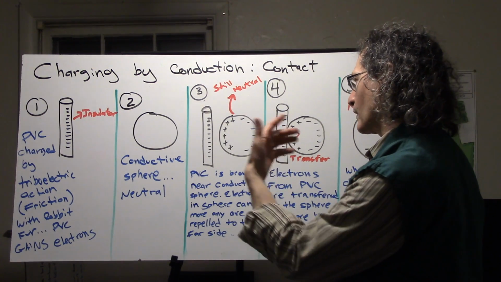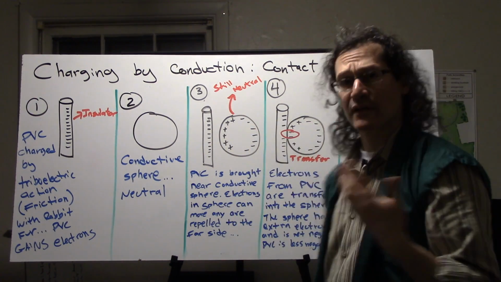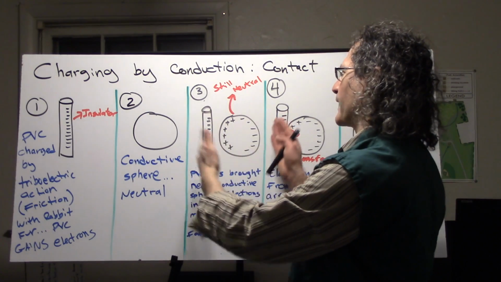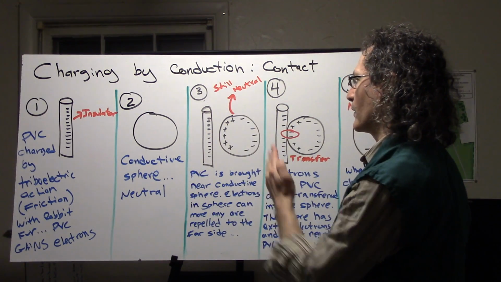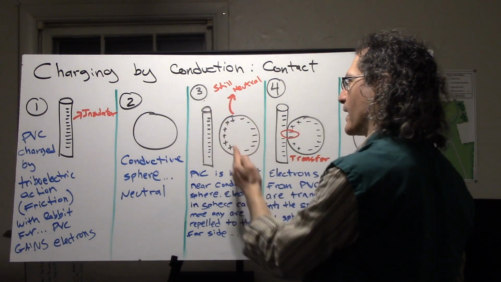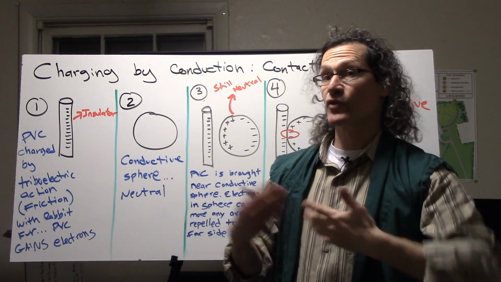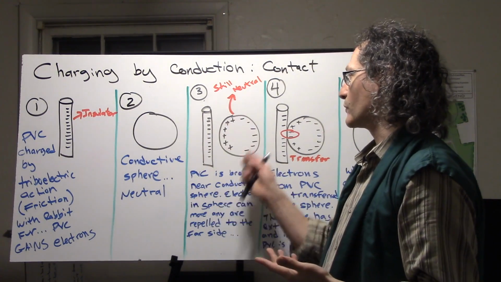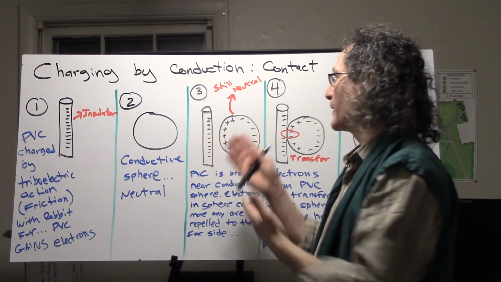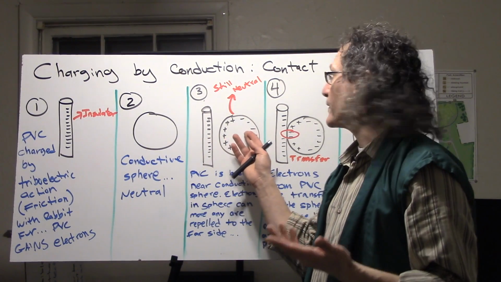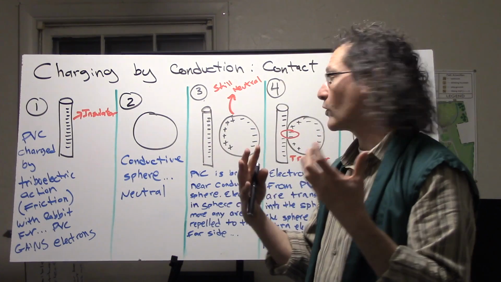So in this case, though, I want to be clear that we do get this effect of polarization. We get the negatives on the away side to the right and positives on the left side. But there has been no transfer of charge. So the net charge, if we were to add up all the negatives and positives, it still would be equal, and this would be still neutral, but polarized.